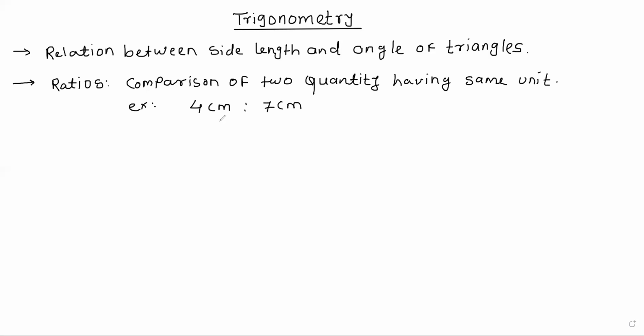We represent ratios in this format, or we can represent it in text format also. As we can see, the unit is centimeter on this side and centimeter on that side. So basically, a ratio is a comparison of two quantities having the same units.